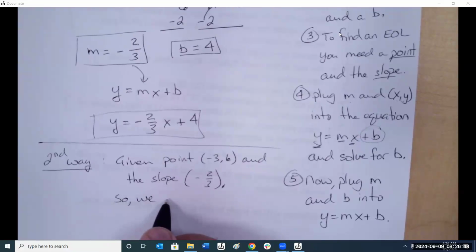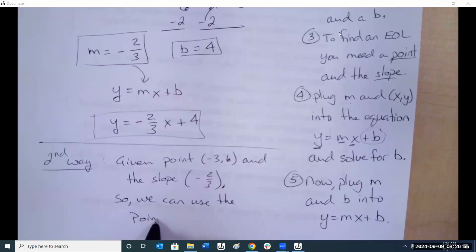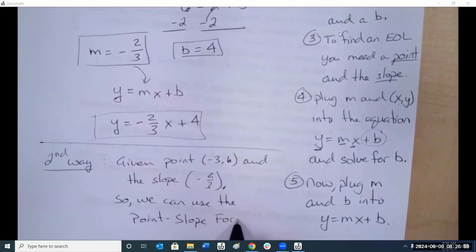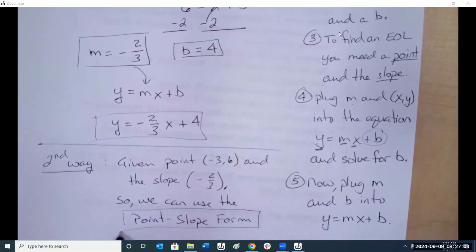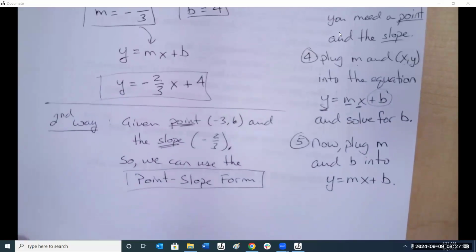So we can use the point slope form. Because we're given a point and the slope, we can use the point slope. What does the point slope form look like?